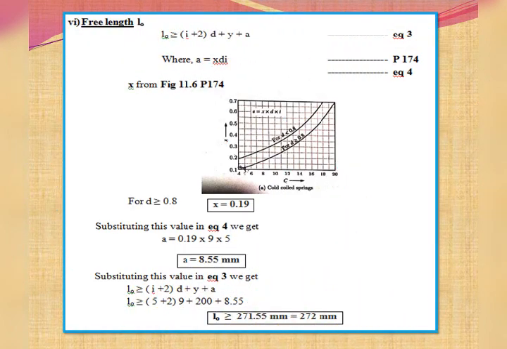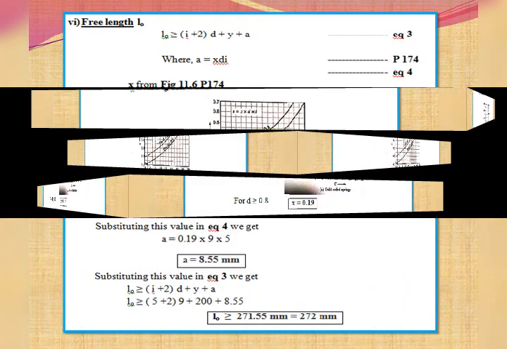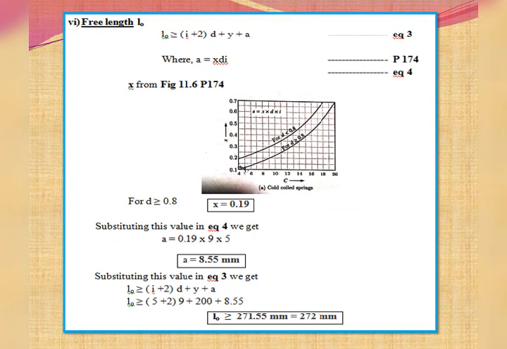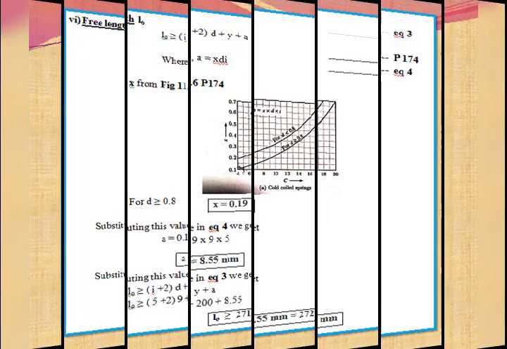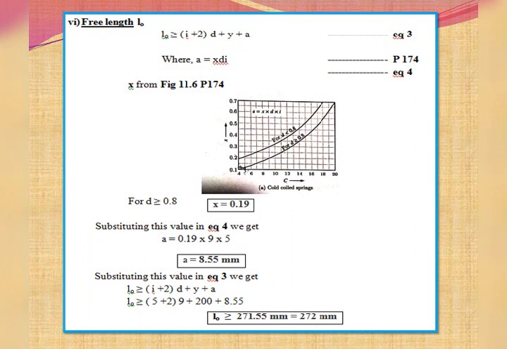Next unknown is the free length L naught, that can be obtained by using the equation L naught is greater than or equal to the total number of coils, I plus 2, into d, the diameter of the wire, plus deflection Y plus A. We'll call that equation number 3, where A is equal to X into d into I, from page number 174.